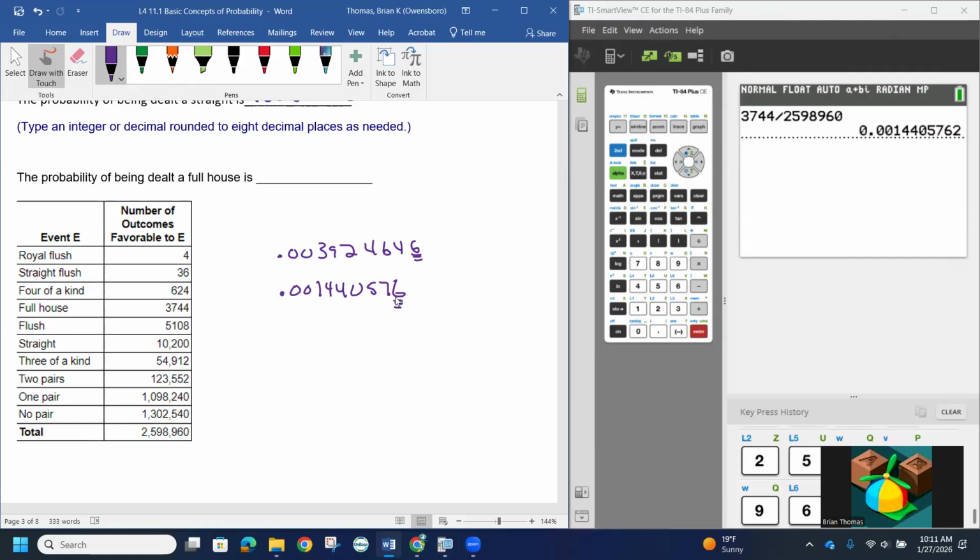So since the 6 is 5 or more, this tells me round that up to an 8. So 0.00144058. That 6 would say round up to an 8 since we're going 8 decimal places. So again, 8 decimal places means to the right of the decimal. So we have that going on there.